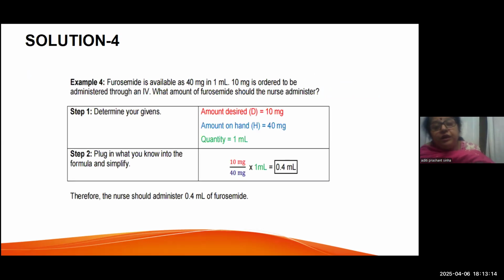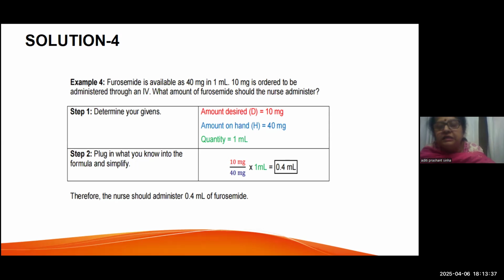So now look here, it is D by H into Q. We don't have to convert it over here. So 40 mg is the available strength, and 10 mg divided by 40 mg into again 1 ml is coming as 0.25 ml. So how much furosemide do I need to administer to the patient?